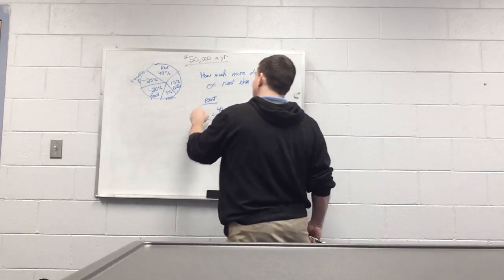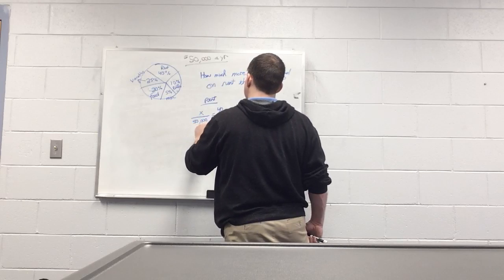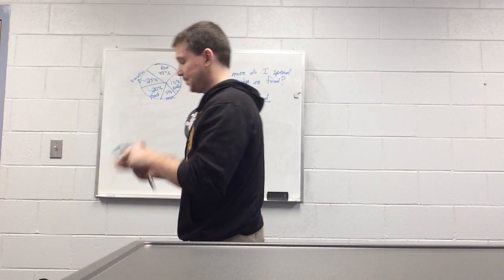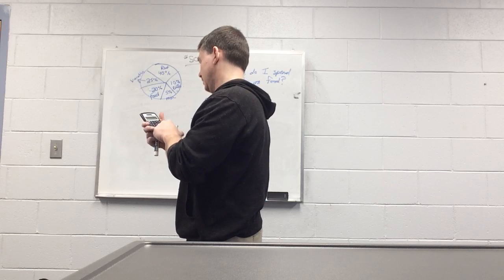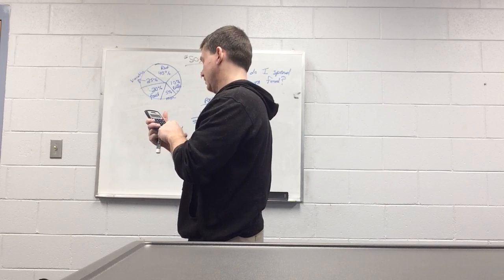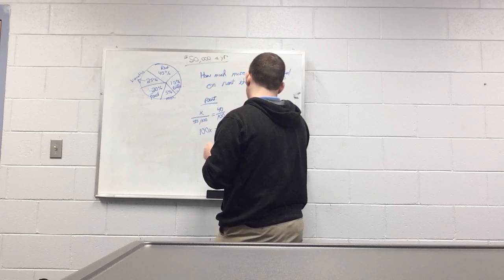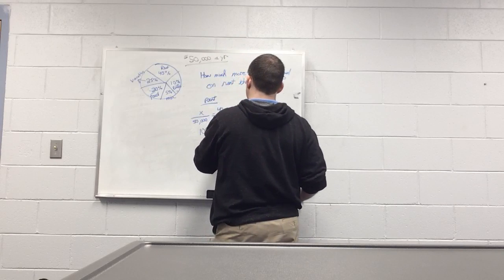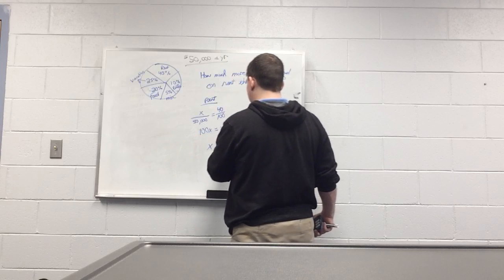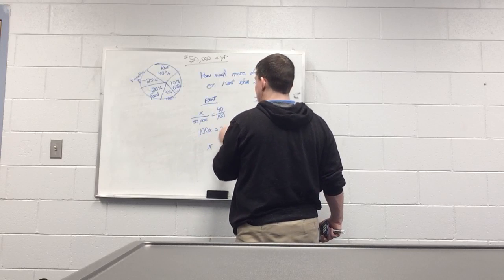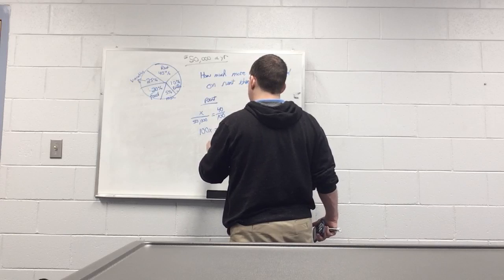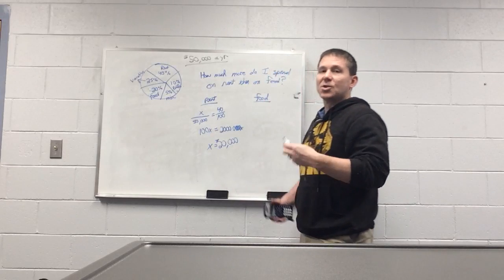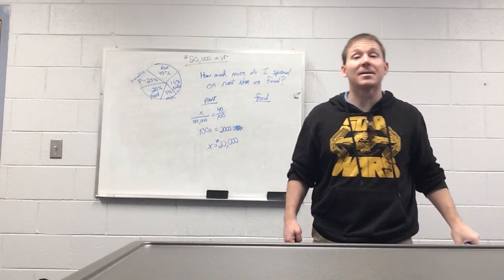Cross multiply. 100 times x is 100x. 40 times 50,000 should be 2 million, and it is. Good. And then I divide by 100, which drops 2 zeros, and I get x equals 20,000. So I spend $20,000 on rent.